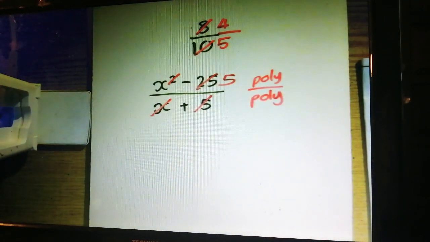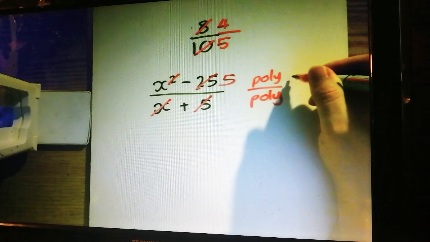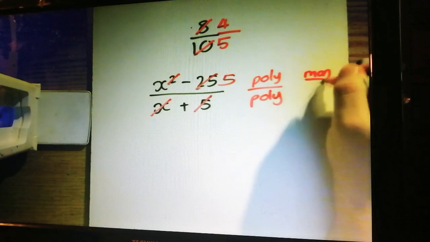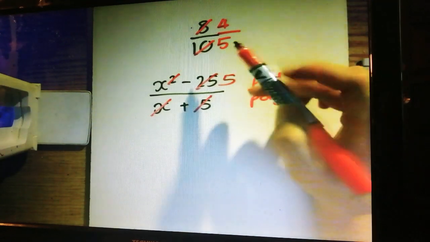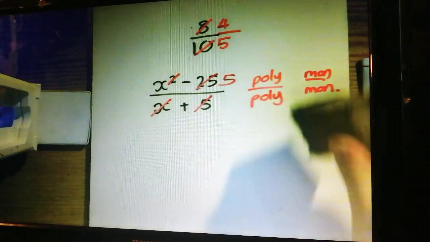Okay? You are not allowed to do that. You have to move fractions to be monomials over monomials, and only then are you allowed to cancel. So that's why factorizing is so important, because we must know how to move something from a polynomial to a monomial. And that is the end of today's lesson.